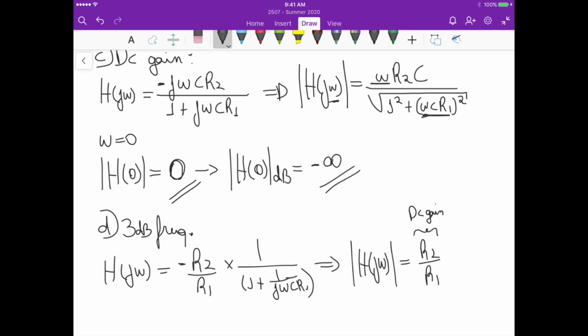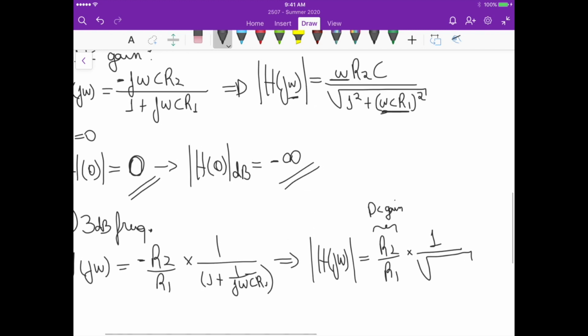And then times, the magnitude is 1 for the numerator, and over the square root of 1 squared plus (1 over omega C R1) squared, right? So that's the equation that we have.